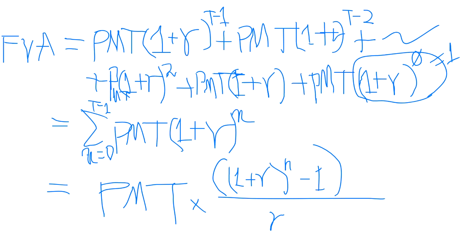I will not show you at this time because it will take about 10-15 minutes, but we're going to get to that later. Right now, we want to use this formula to actually solve our graduate school fund question. You understand?